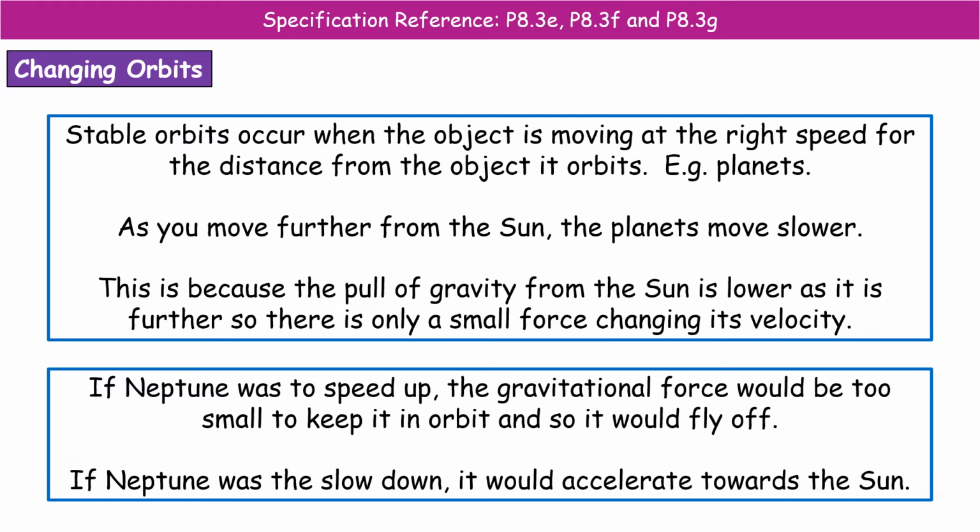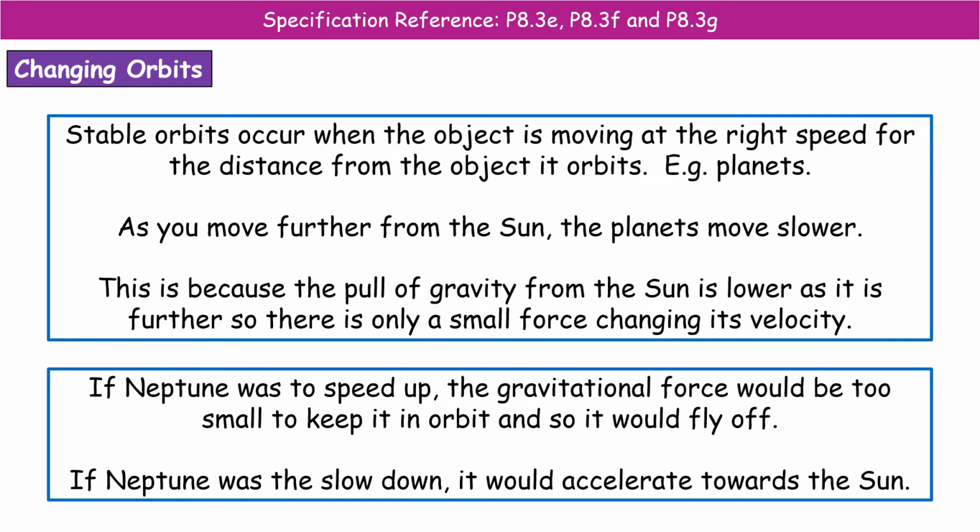That means it's going to remain at that steady position. If we think about some of these natural things, like our planets for example, they are orbiting the sun. So what we find is that as we go further away from the sun through our solar system, our planets are moving slower. So the ones closest to the sun moving quicker, the ones further away moving much slower.